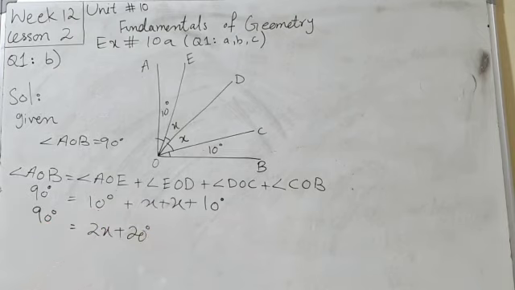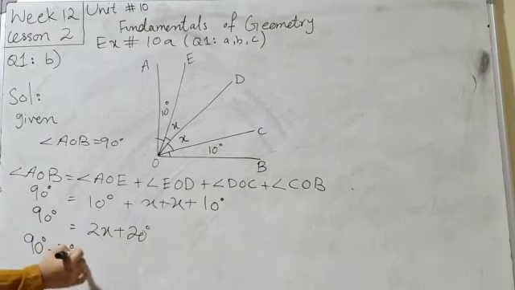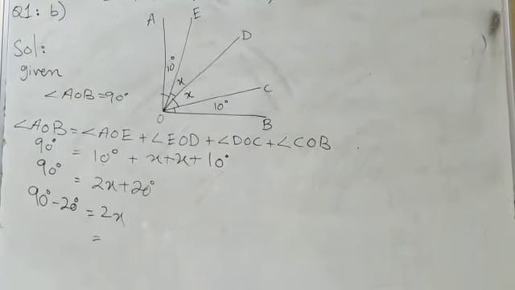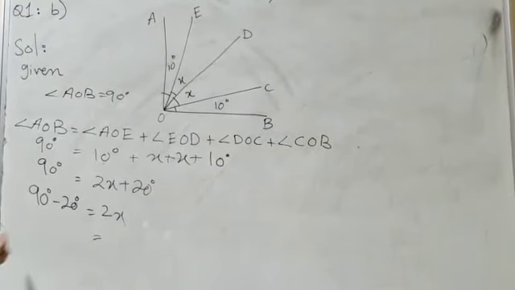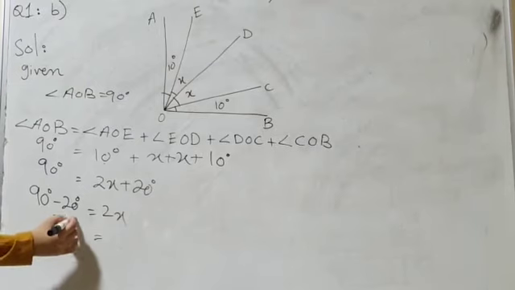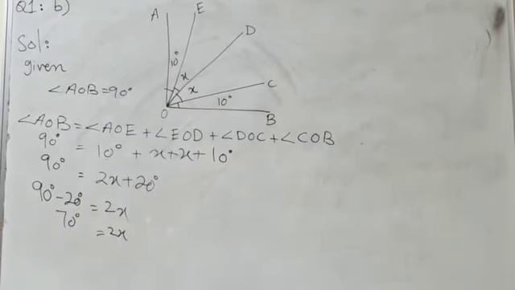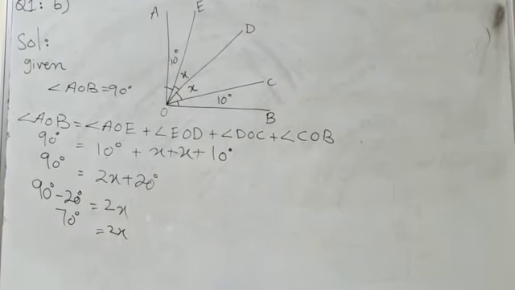Now we have to get the value of x. For that we first need to remove plus 20 written with it. So let's subtract 20 from both sides, so it will be 2x. Now 90 minus 20 is equal to 70 degree and equals to 2x. To get the value of x, let's divide both sides by 2.